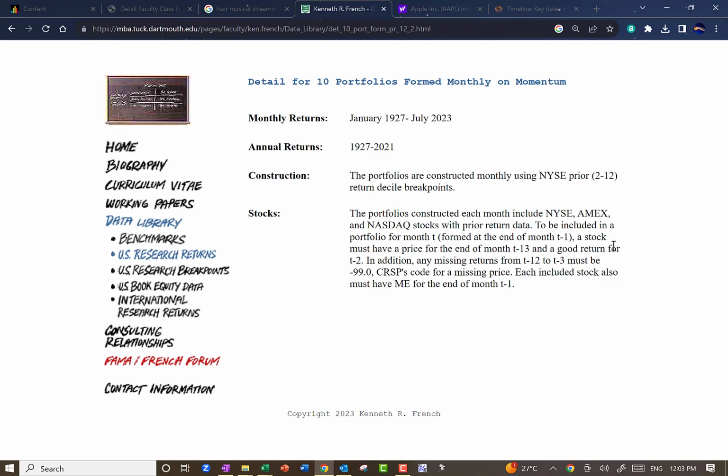Every month, if I'm buying the winners, I'm going to buy the stocks that performed the best in the previous 12 months with a 1 month lag.